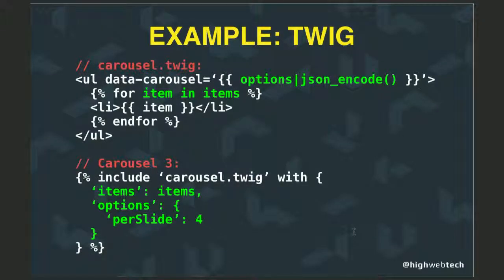Let's go back again to this example of the carousel. Here, instead of writing and hard coding options in HTML, we can just render them using TWIG, for example, using the JSON encode function. And then instead of defining all items in the carousel, we can loop and iterate through some array of items and then just render each item.